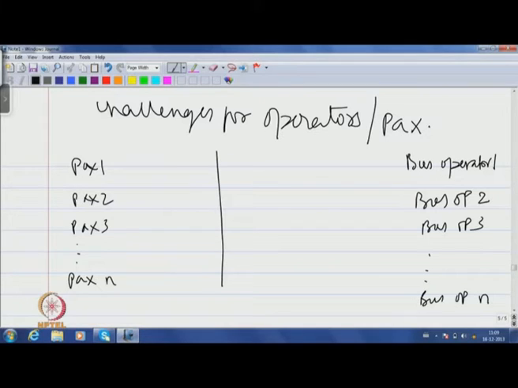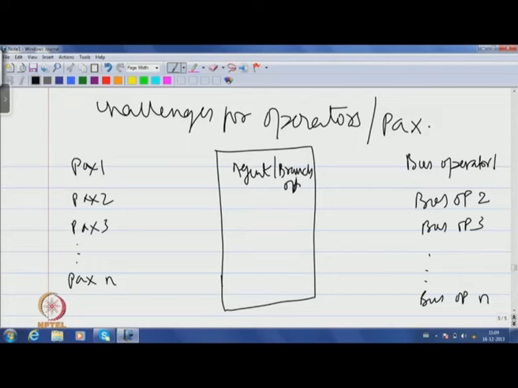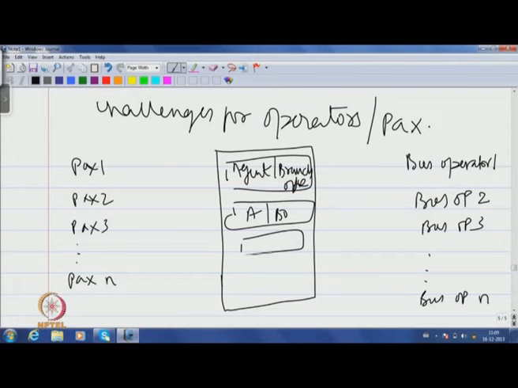What linked the passengers to the bus operators was either the agent or the bus operator's own branch office. So, you had the agent, the branch office, and so on.